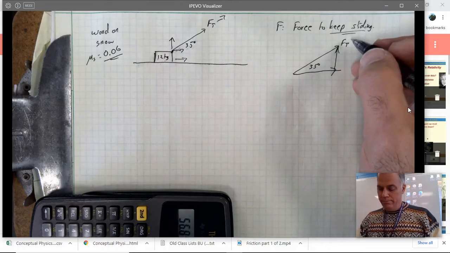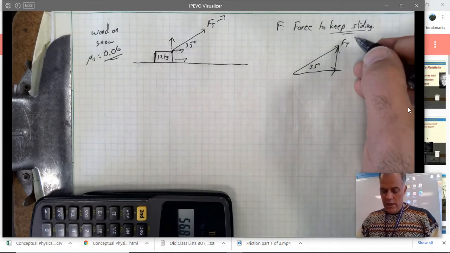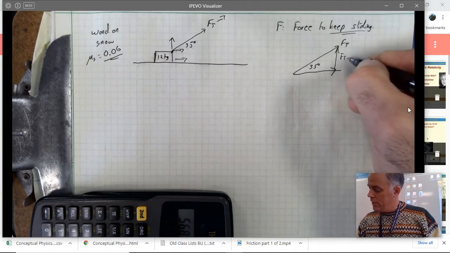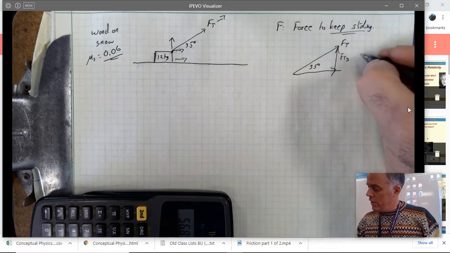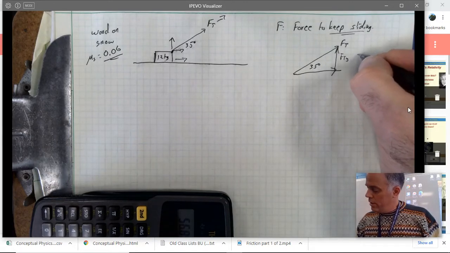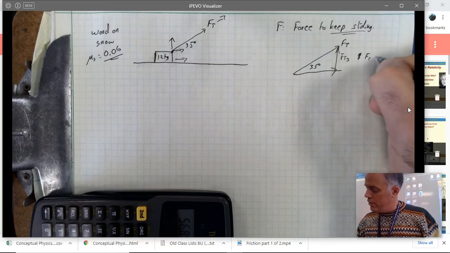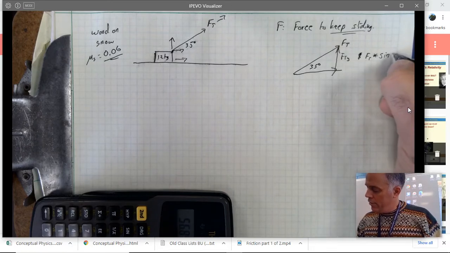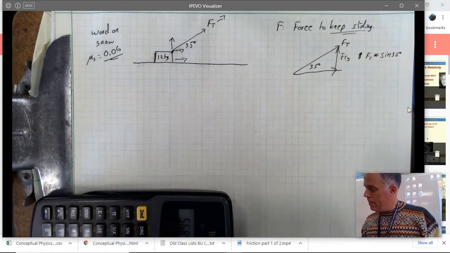Okay, now the vertical component, this one here, we're going to call this one Fty. That is equal to the force of the tension times the sine of 35 degrees.